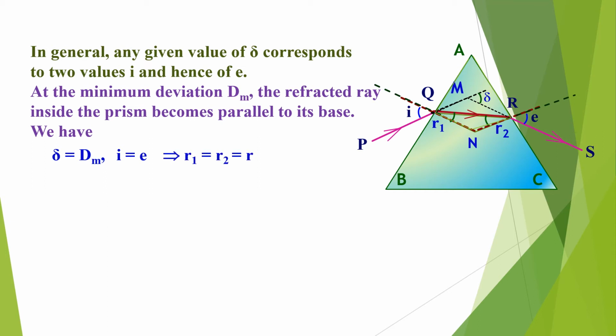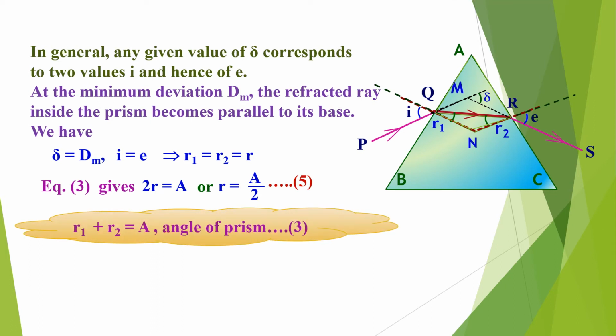In such cases R1 and R2 both have the same value, which we equate to R. Equation 3 gives 2R is equal to A, or R is equal to A by 2. This is equation 5. R1 plus R2 is equal to A, the angle of prism, we know.